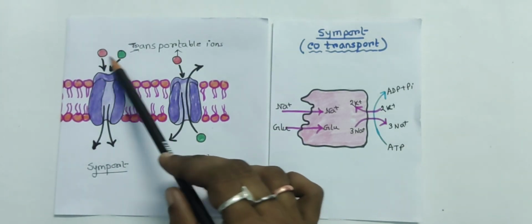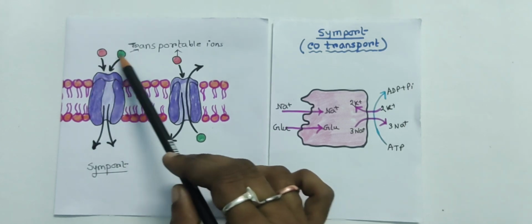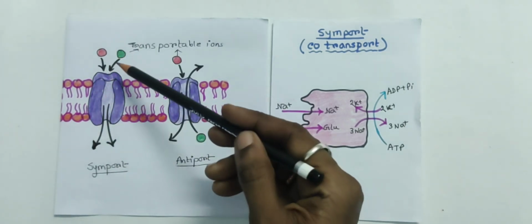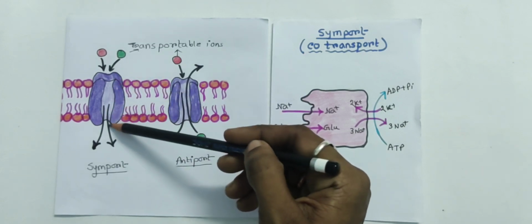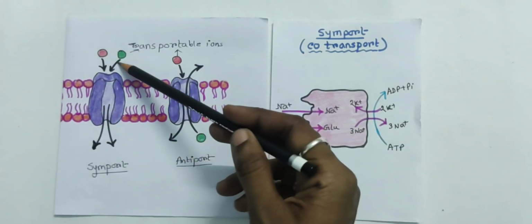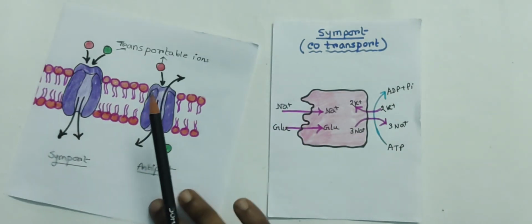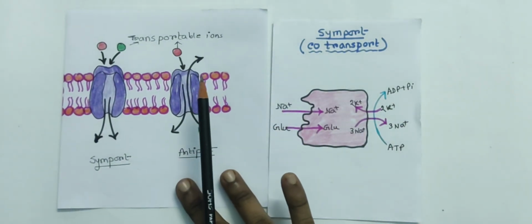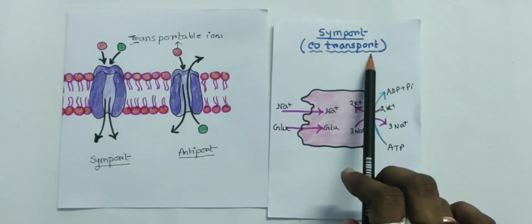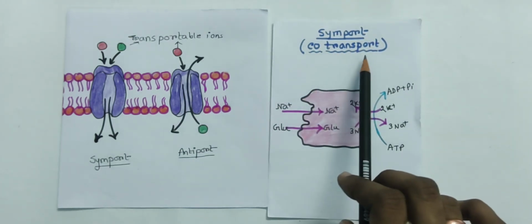Two types of ions are entering, and they are traveling through the protein channel at the same time. This is the symport. Symport is also called co-transport.